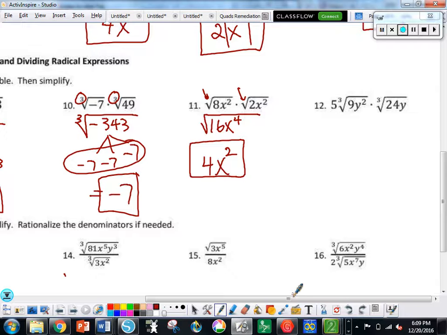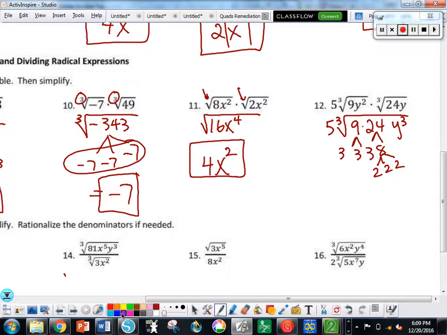All right, number 12. The 5 just kind of hangs on outside. It is a cube root. Because it's a cube root, we don't care about positives and negatives. I don't know if those are multiplied together, but I might just do the tree thing right now. It's kind of fast. And then you would have y cubed, right?